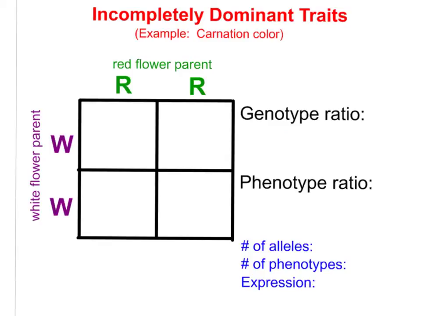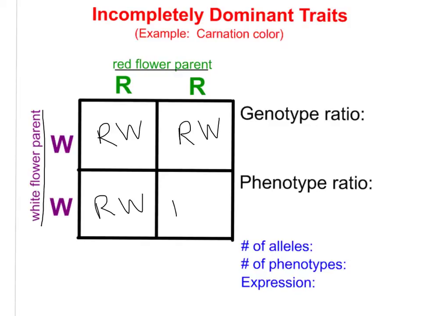So let's look at this example and see what is going on with the alleles. Here's our incomplete dominant traits. If we have a red flower parent and a white flower parent, we are getting red and white, red and white, and red and white.